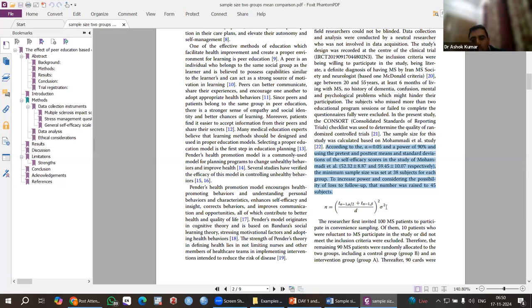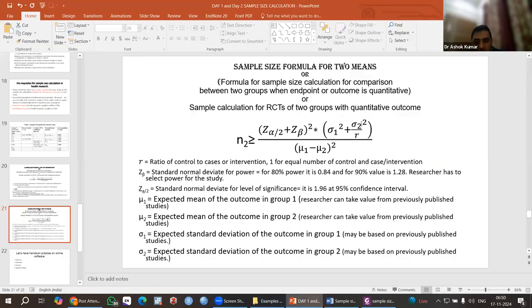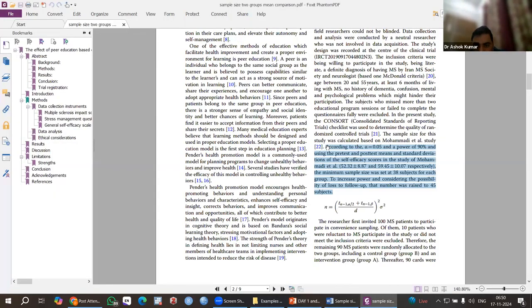We have to use sigma 1 square plus sigma 2 square. You can see in our demo, sigma 1 square plus sigma 2 square, because we have taken r equal to 1. So please remember this. We have calculated according to this, and you can see what the sample size is coming. It is coming 38. Okay, and they have taken 45.